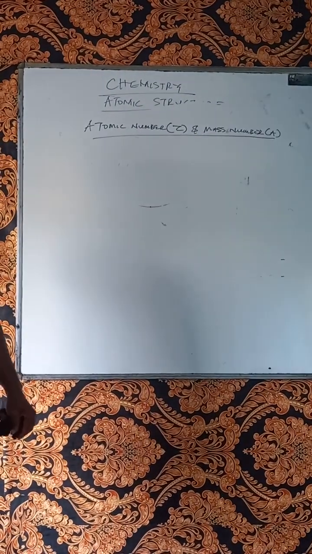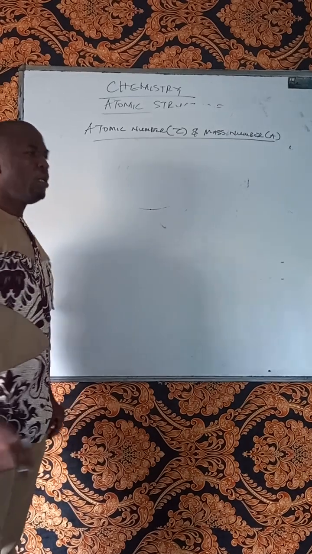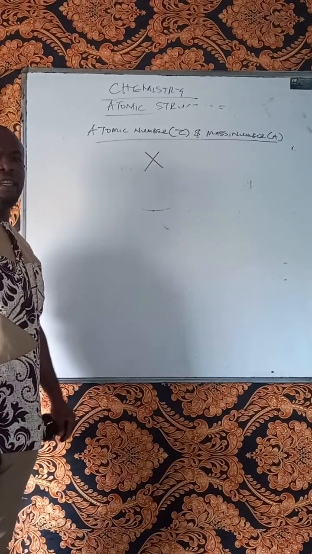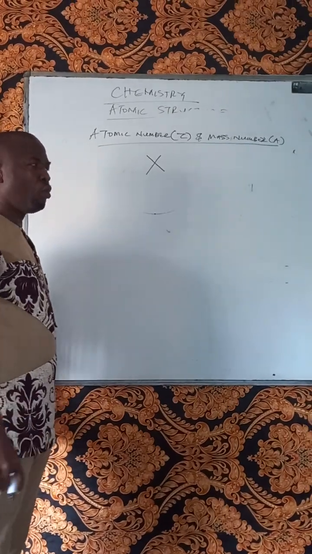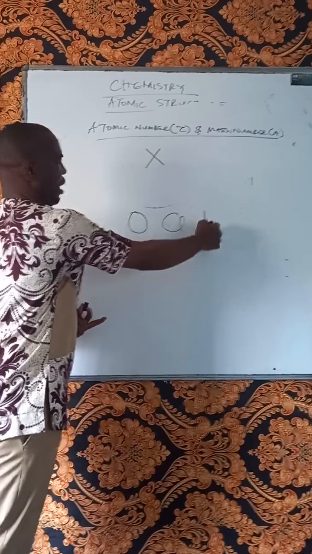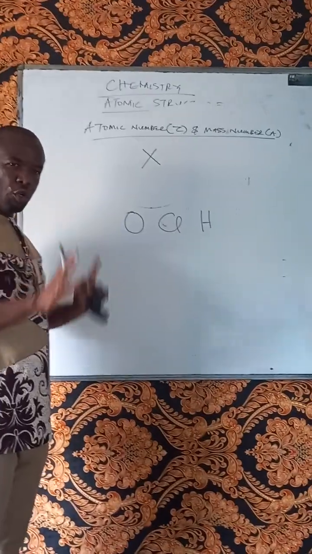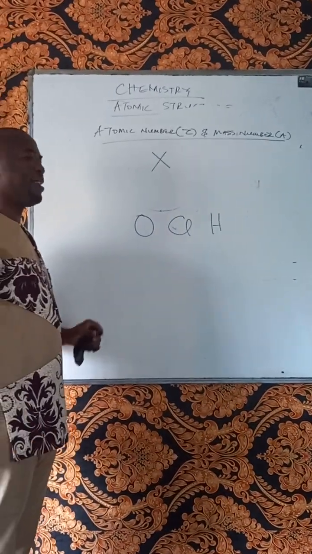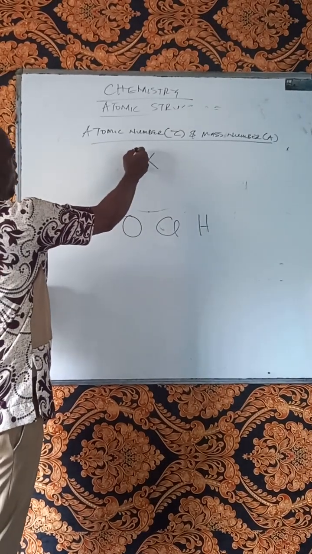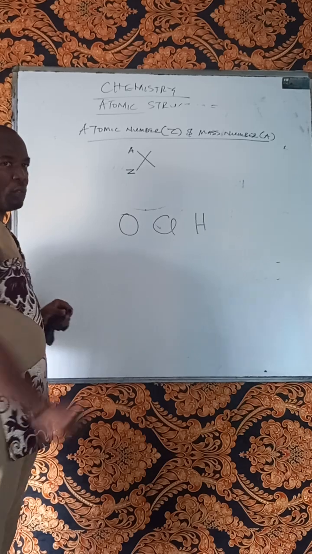Now, when we have an element, let X represent the symbol of any element. It could be oxygen, chlorine, hydrogen, or an element of your own choice. Every element is associated with 2 numbers, one written as a superscript, one written as a subscript.